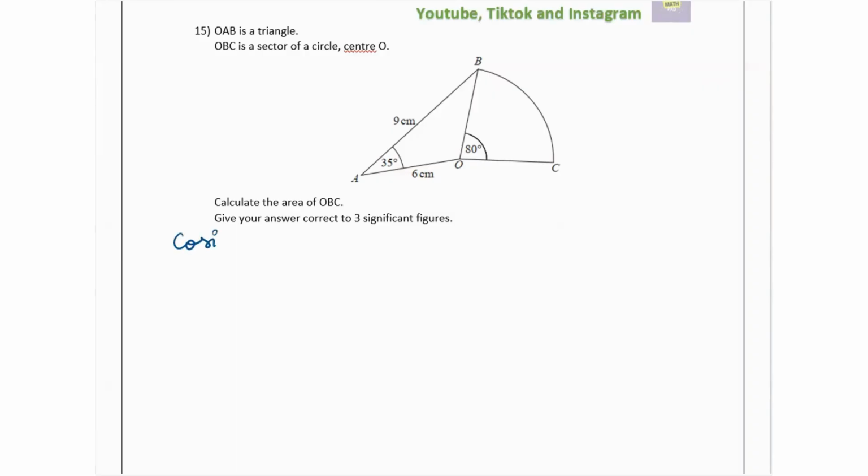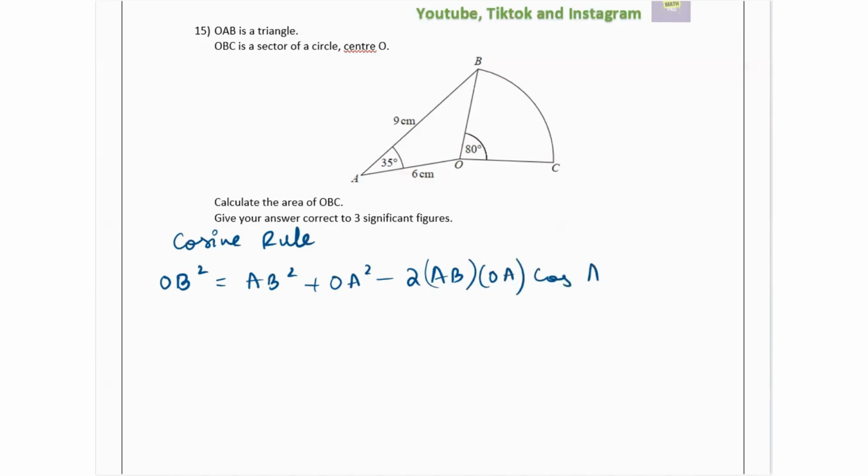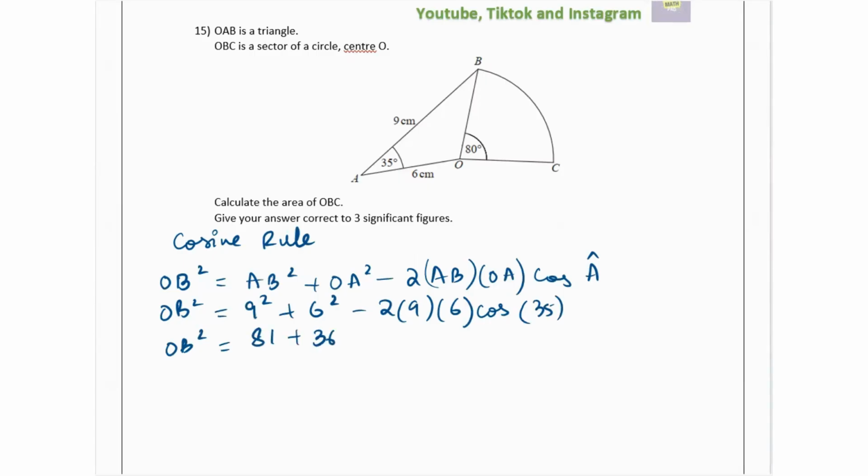So for the cosine rule, OB squared is going to equal AB squared plus OA squared minus twice of AB times OA times cos of angle A. So that's going to be 9 squared plus 6 squared minus 2 times 9 times 6 cos of 35. 81 plus 36 minus 88.46.